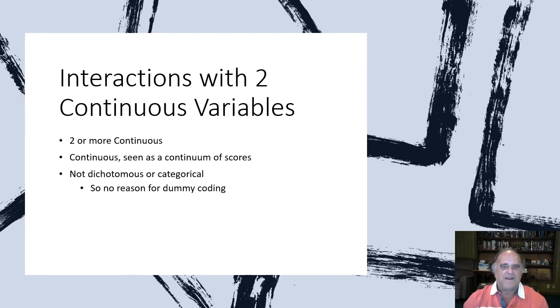I guess a better way to say it is that the variable we're dealing with is not dichotomous or categorical. And because it's not dichotomous or categorical, there's no reason for dummy coding, which we'll talk about next class.